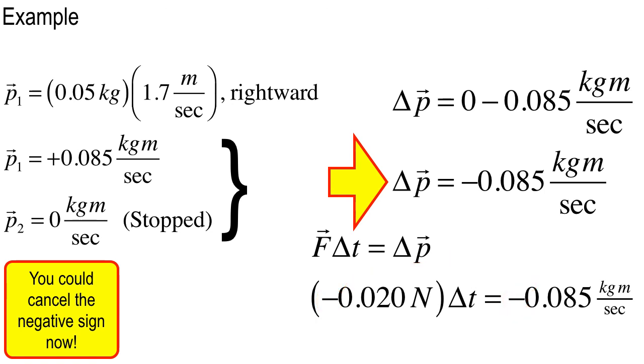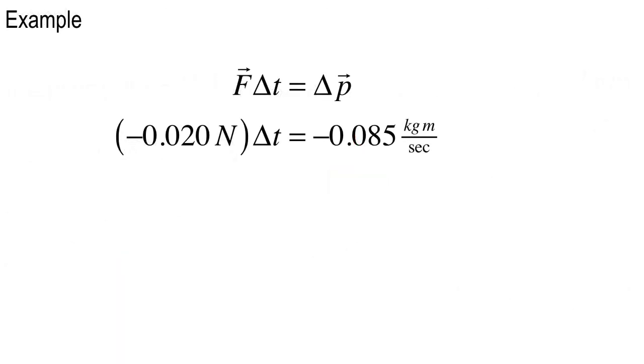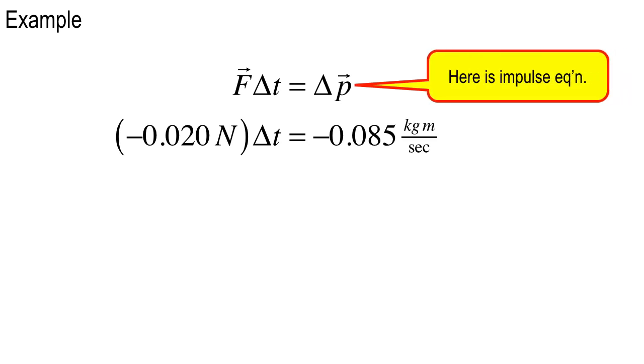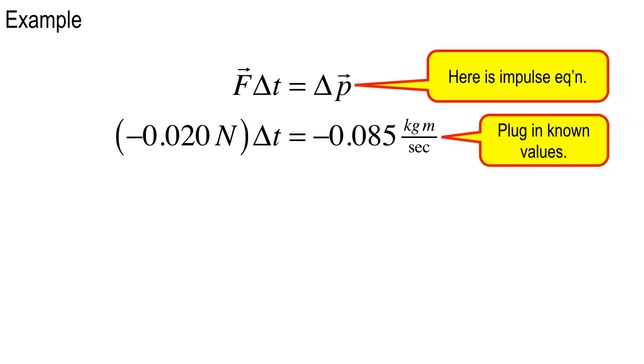Now I'm going to bring the last two items to the top of the next page. So here we go. F delta T equals delta P at the very top, the impulse equation, and here are my plug-ins from the previous page.